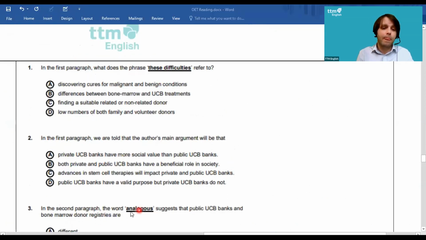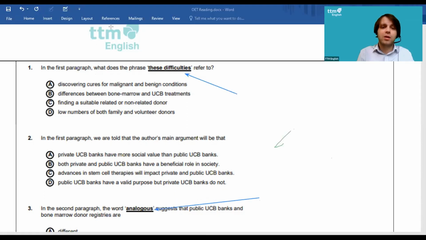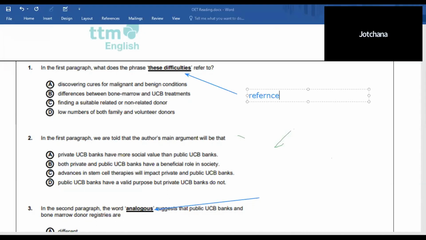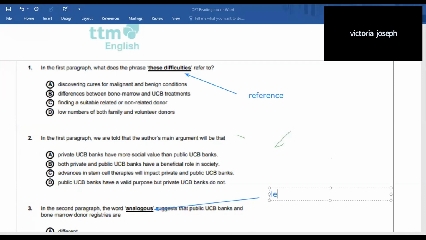What are these? Special. Lexical type. Joshna, Sonia, Remy, you guys know this kind of stuff, right? This is called a reference question. And this one's called a lexical question. That just means vocabulary. Rebecca Bush said to me, do these first.